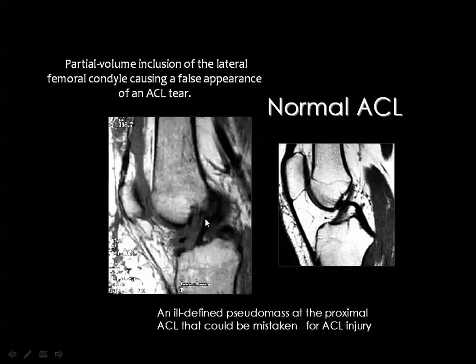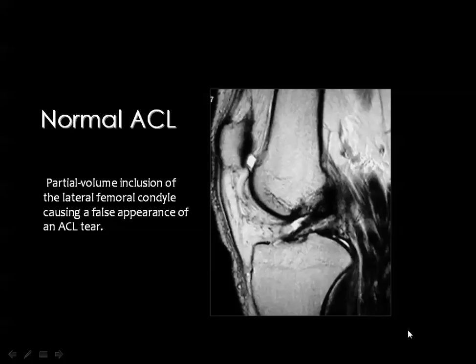You are cutting part of the femoral condyle with the insertion site of the anterior cruciate ligament. It will appear like this, and this is considered normal and is not diagnosed as ligamentous injury or sprain or any of the things mentioned in the reports. You see, this is the anterior cruciate ligament, which is stretched, and this femoral attachment is bulky because of the partial volume averaging.